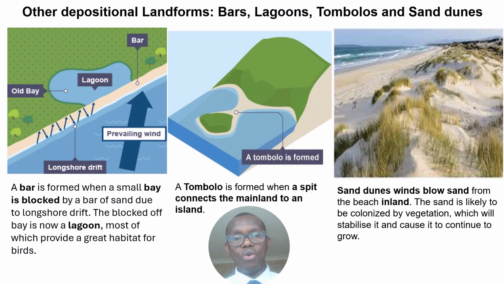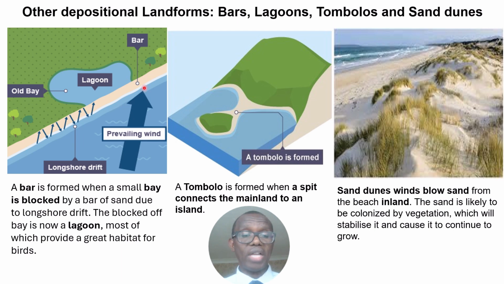Okay, so a few more depositional landforms to talk about here. So we have bars, lagoons, tombolos, and sand dunes. So starting with the bar, here you have longshore drift taking place, and if you have a small bay, sometimes that longshore drift is likely to carry on right across that particular bay, and when that happens, the bay will be blocked off.